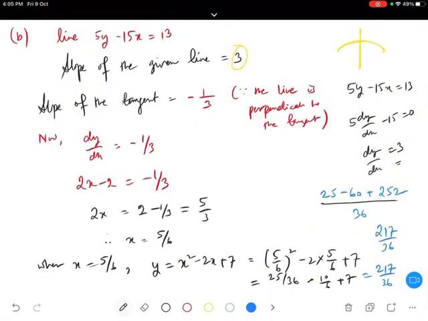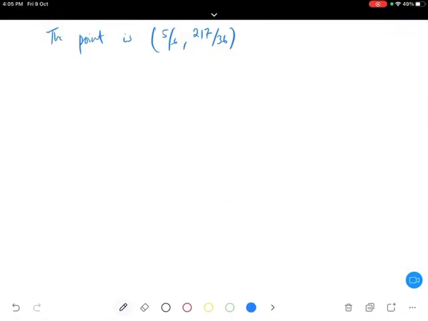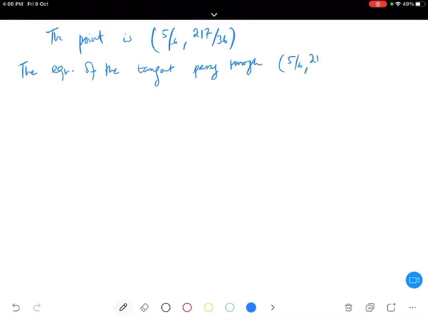So let us find the equation of the tangent. The equation of the tangent passing through 5 by 6 comma 217 by 36 and with a slope minus 1 by 3 is, what is that?